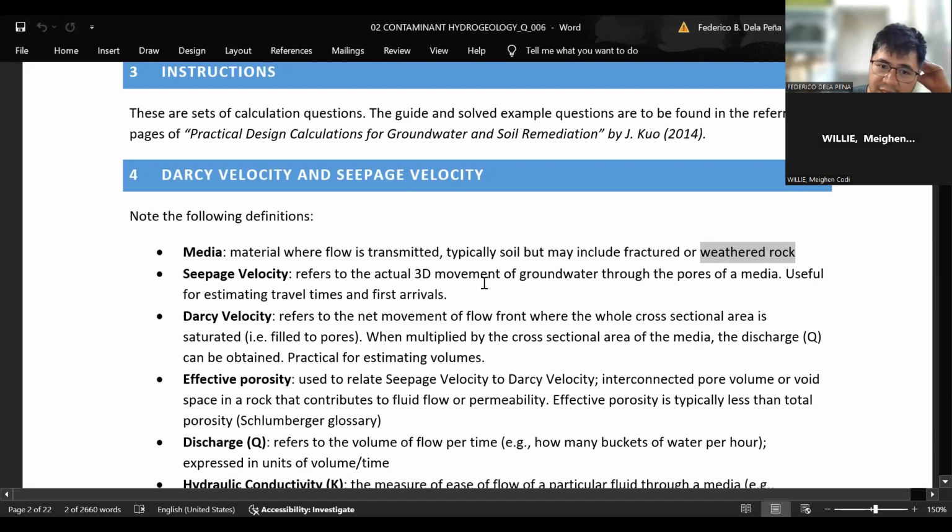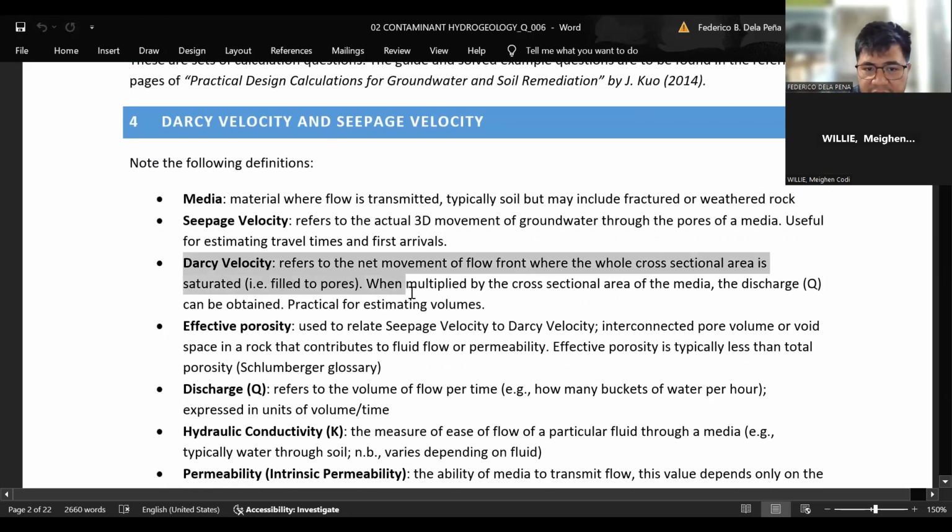Seepage velocity is the 3D movement of groundwater through the pores of the media. Okay? As opposed to the Darcy velocity, this is just the net movement of flow through a cross-sectional area. Okay. So I'm gonna expound this later on.